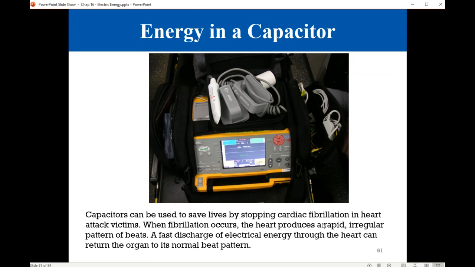When you have a charged capacitor that is discharged quickly through the heart muscles, this will force the heart muscle to follow the path of the potential difference as it is going down, and this way this will suppress the irregular beats.